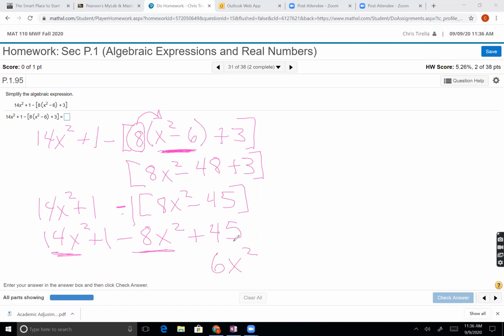Plus 1 plus 45 is plus 46. Thank you for being patient and letting me use that as another example. Does it make more sense now? Yes.